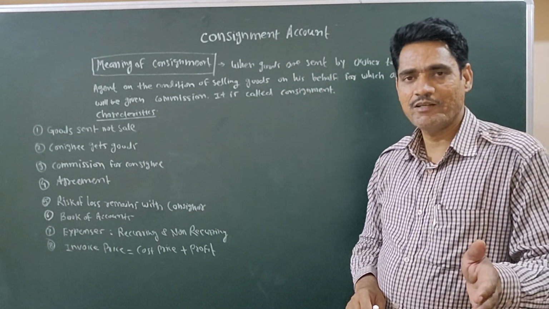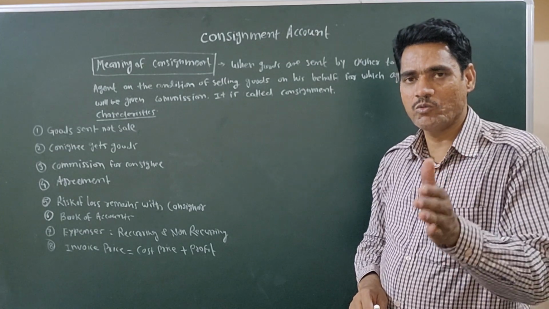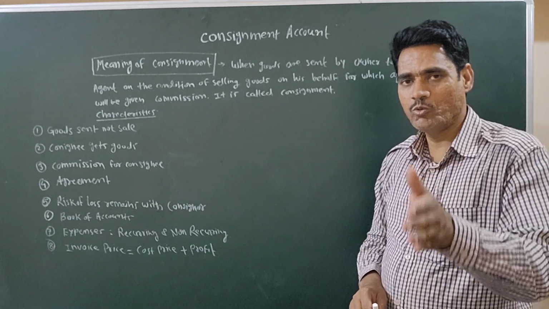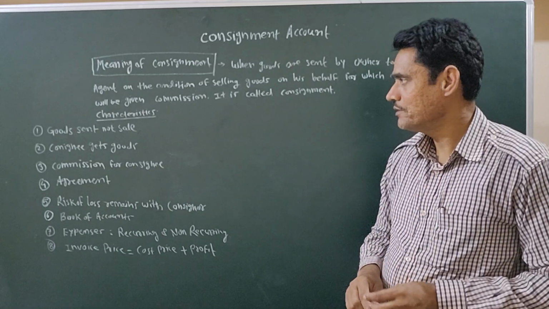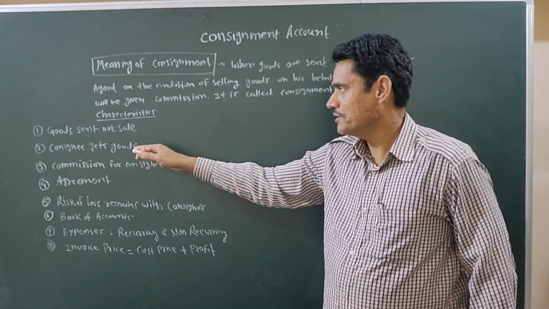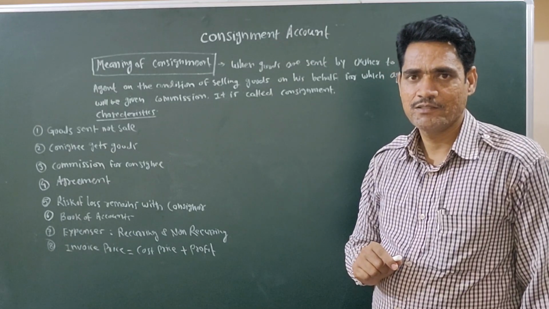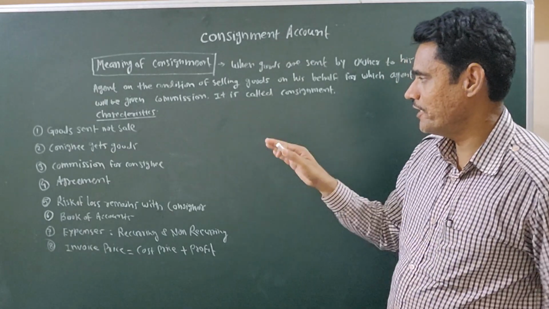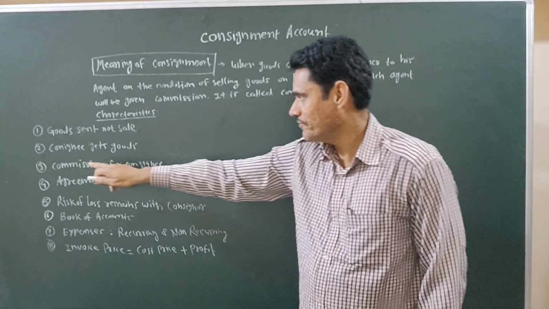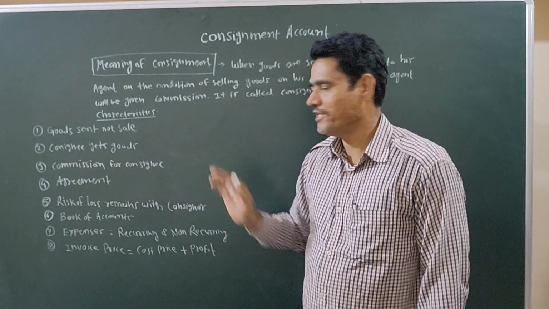Next, the consignee gets goods. When the consignor or owner sends goods, those goods go to the consignee. Next, commission for the consignee.